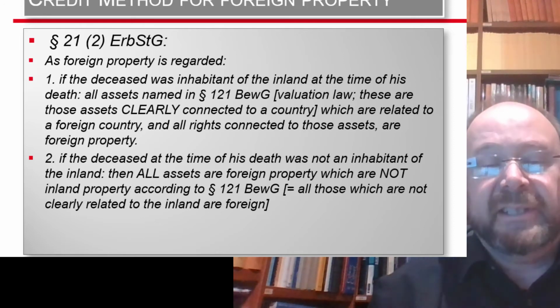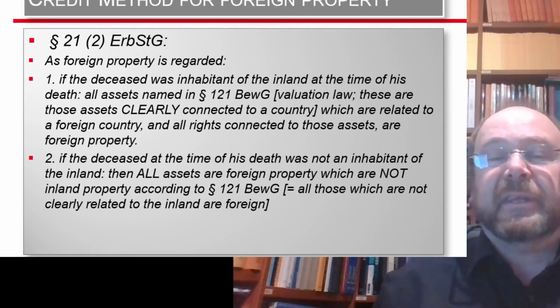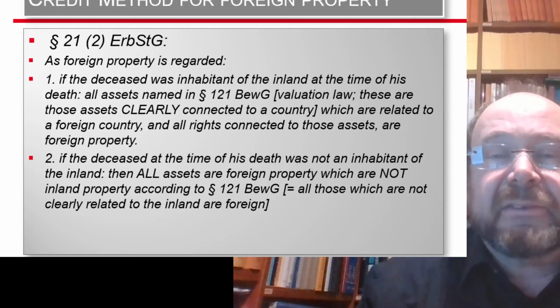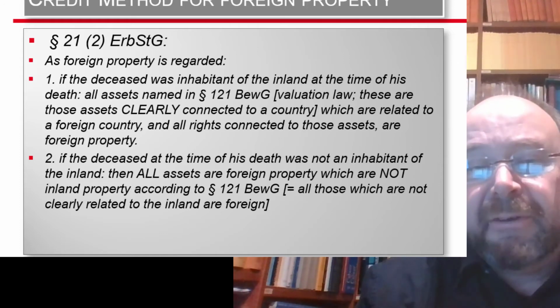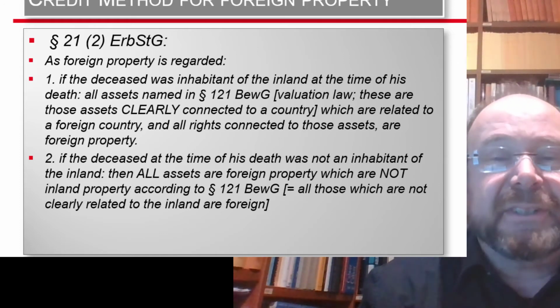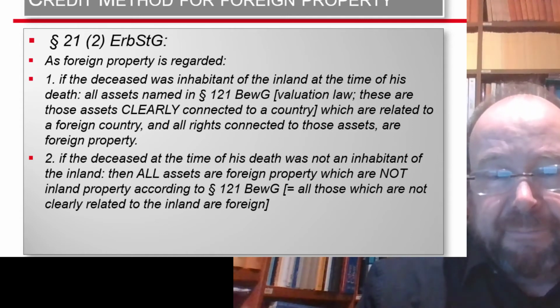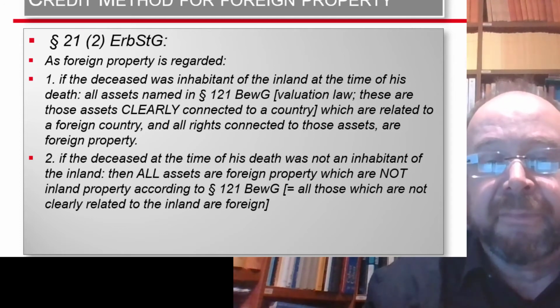Whereas if the deceased lived abroad, then all the unclear property was also attributed to the residence country of the deceased. So everything is then foreign property, which is not explicitly German-based property under the rules of 121 Bewertungsgesetz.